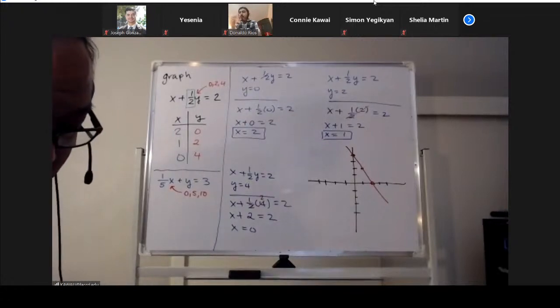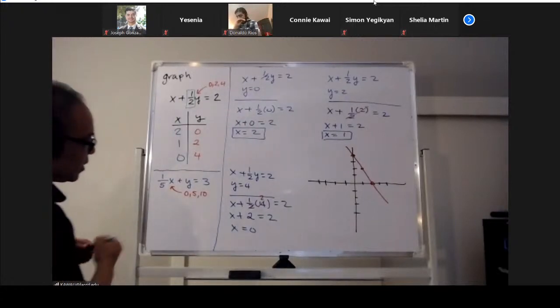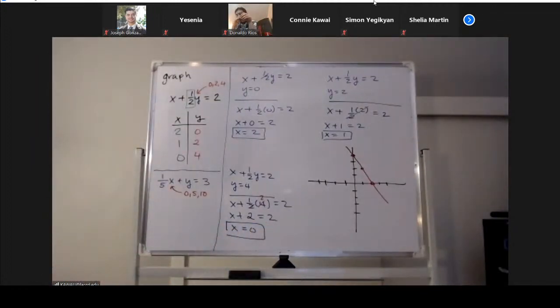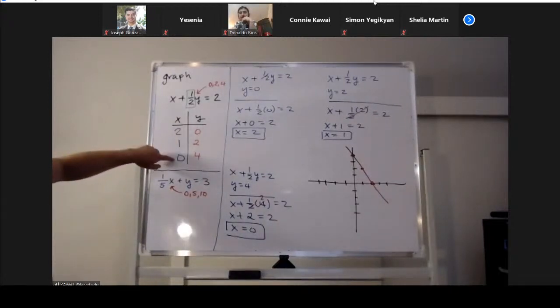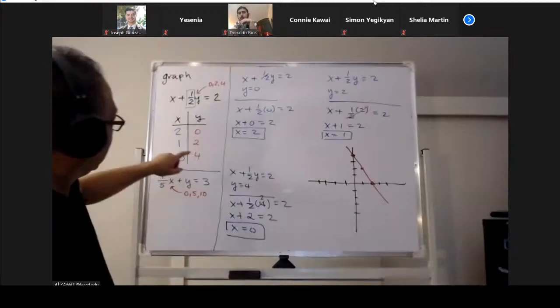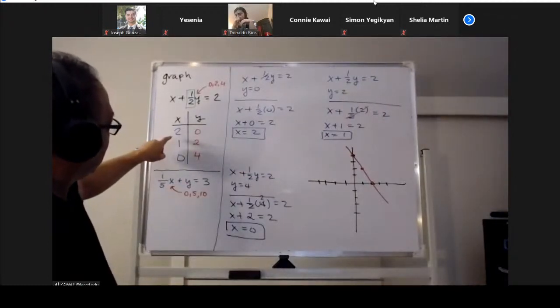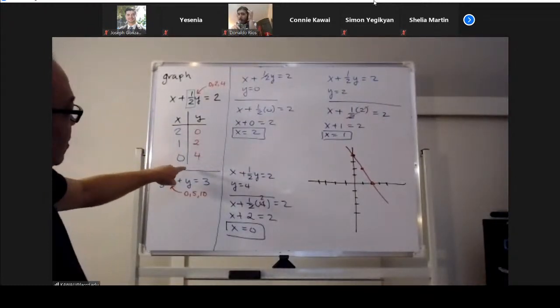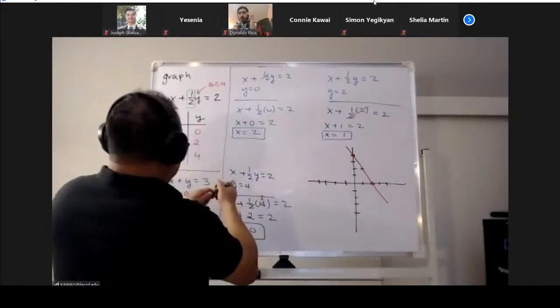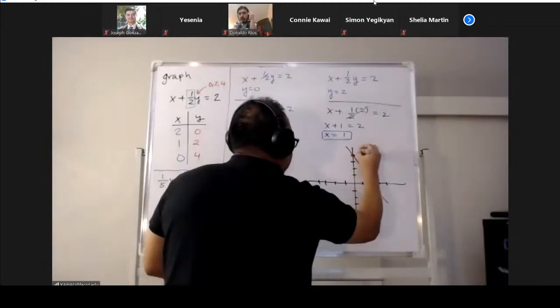Were those your copy? Go ahead and copy. I'm sorry, isn't that last point the wrong place? This one here, the last point on the graph? If it says 0 is X and 4 is Y on the graph. Yeah, this one here is supposed to be the 0, 4.